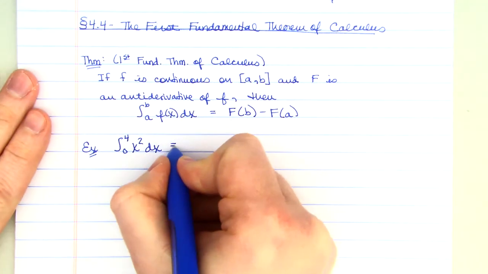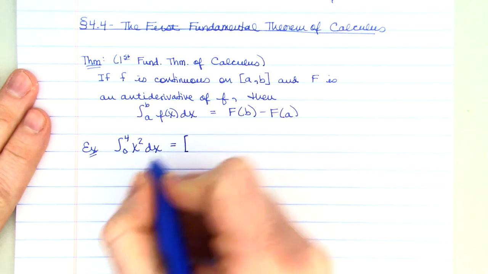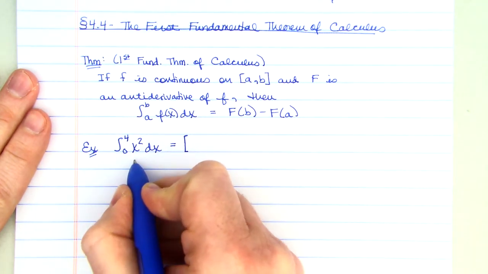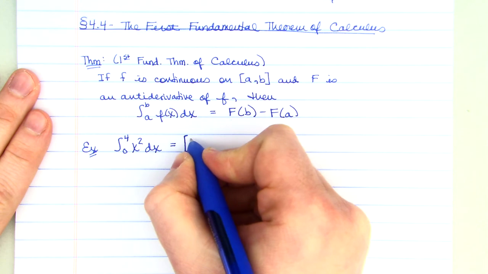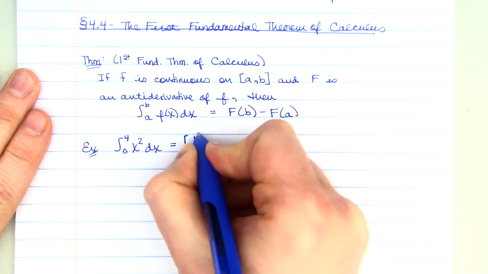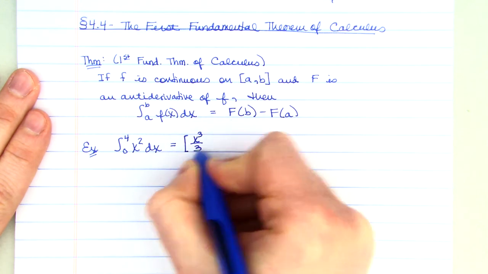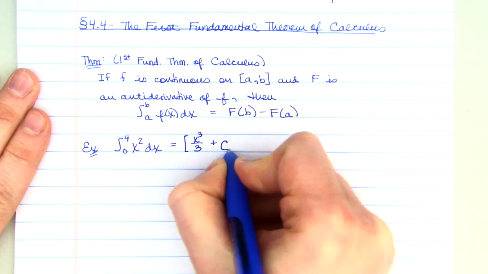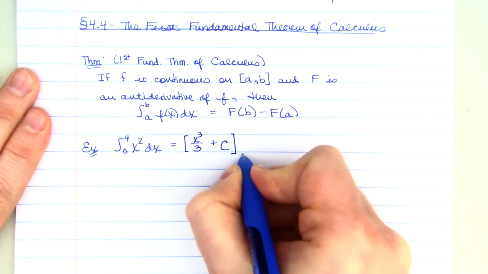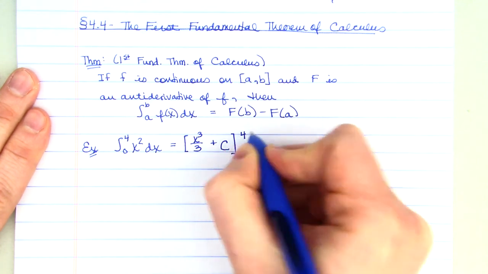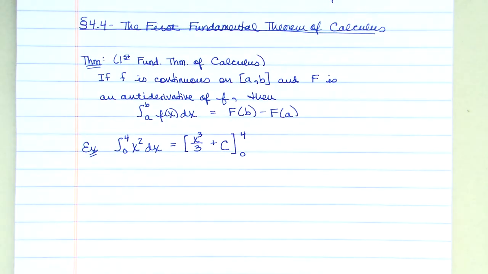Well, here's how I'm going to do it. The antiderivative of x squared is x cubed over 3 plus a constant. I'm going to say that that's my antiderivative. I'm going to put brackets around it with a 0 on the bottom and a 4 on the top, which is going to show that in a moment I'm going to plug in 4 minus I'm going to plug in 0.